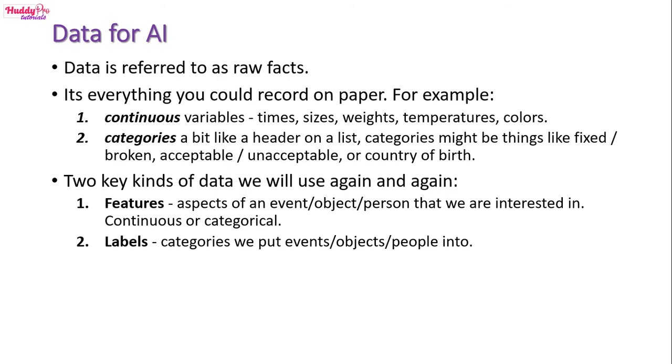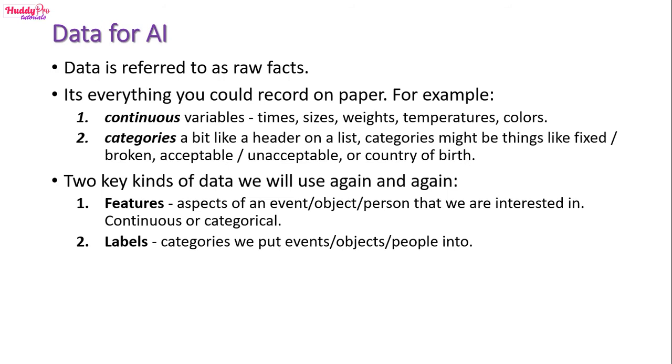Now, there are two key kinds of data we will be using again and again in AI, and these are features and labels. Features are aspects of an event or object or a person that we are interested in.